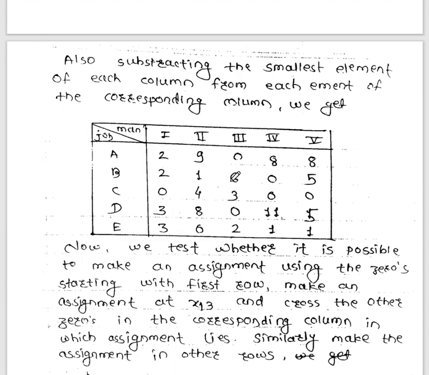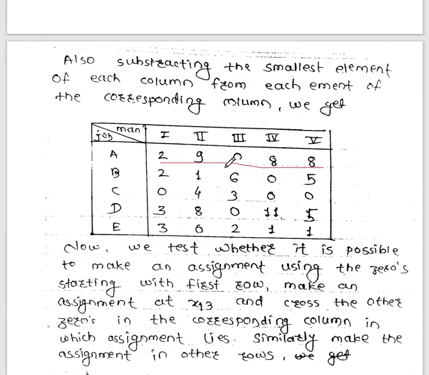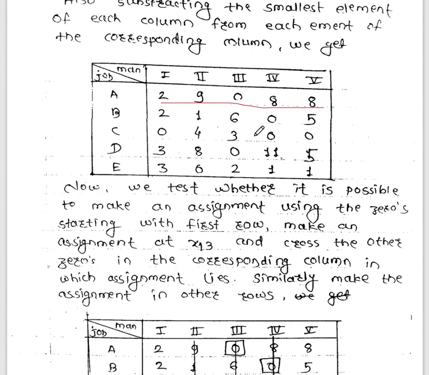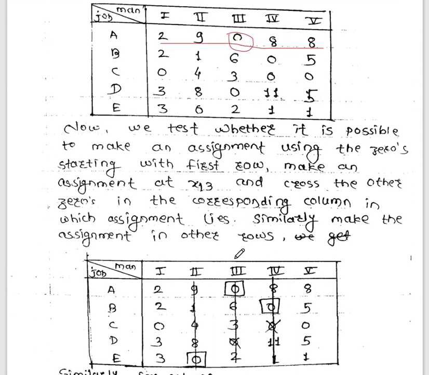Okay, so select the first row, select the 0 and make the 0 assignment. In the first row there is only one 0, therefore we can make the 0 assignment by making a box and crossing the column. So this is the first assignment.